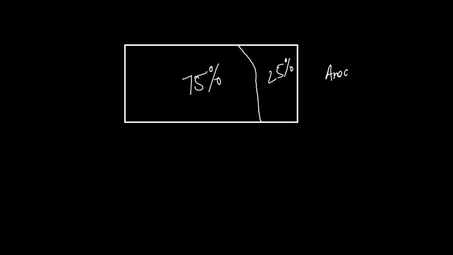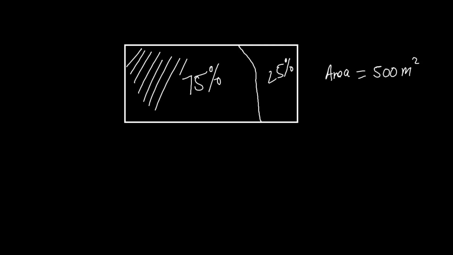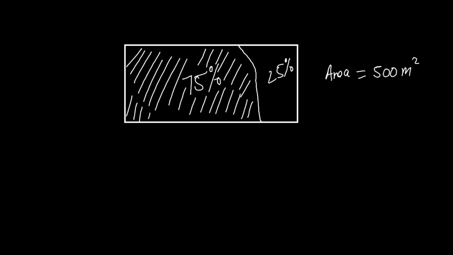Let's say the area of the box is equal to 500 meters squared, and I want you to tell me what is the area of the shaded part. What is the area of the shaded part?